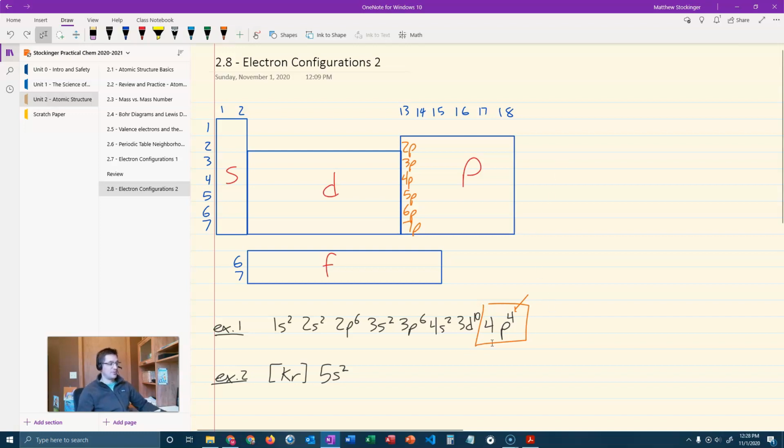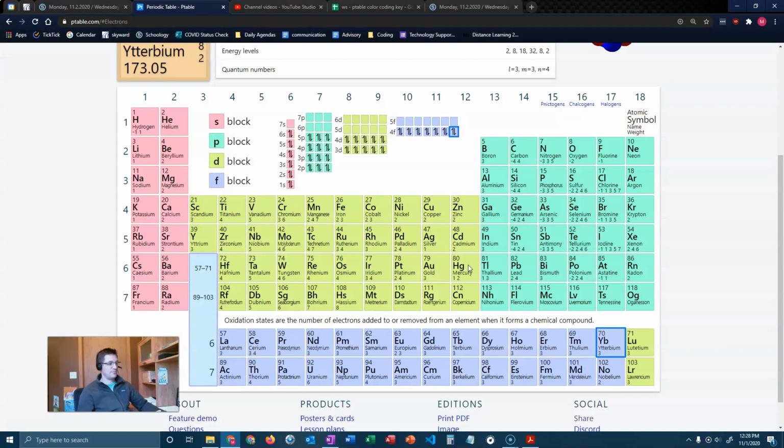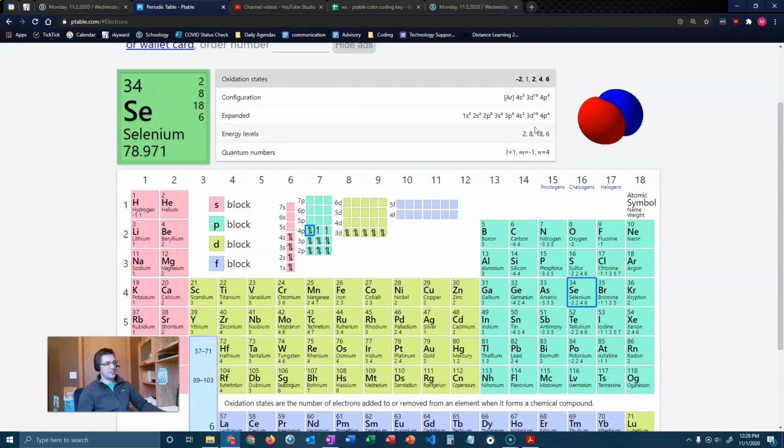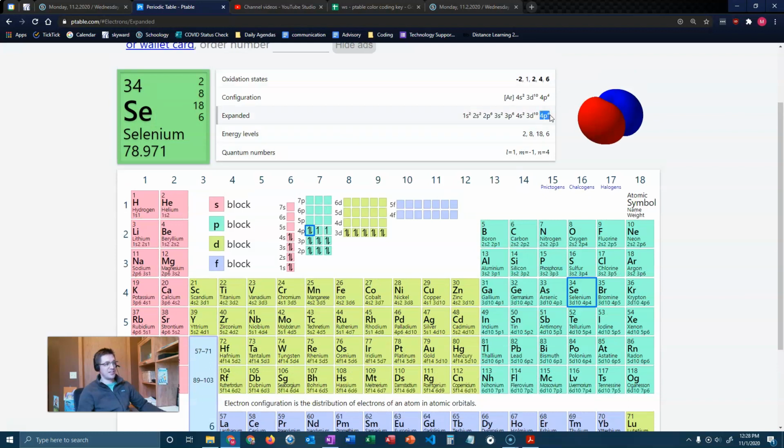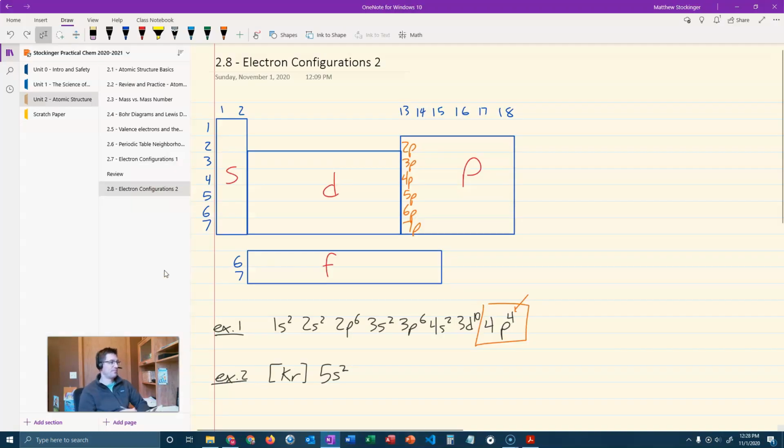Now obviously that's much easier on a real periodic table, but let's take a look. Here's period 4. Here's the P block, 1, 2, 3, 4, and if I cheat a little on ptable.com, you can see that the last term is 4p4. So this is selenium. I didn't have to add up all the superscripts. Way quicker. Okay? So let's write that down quick.